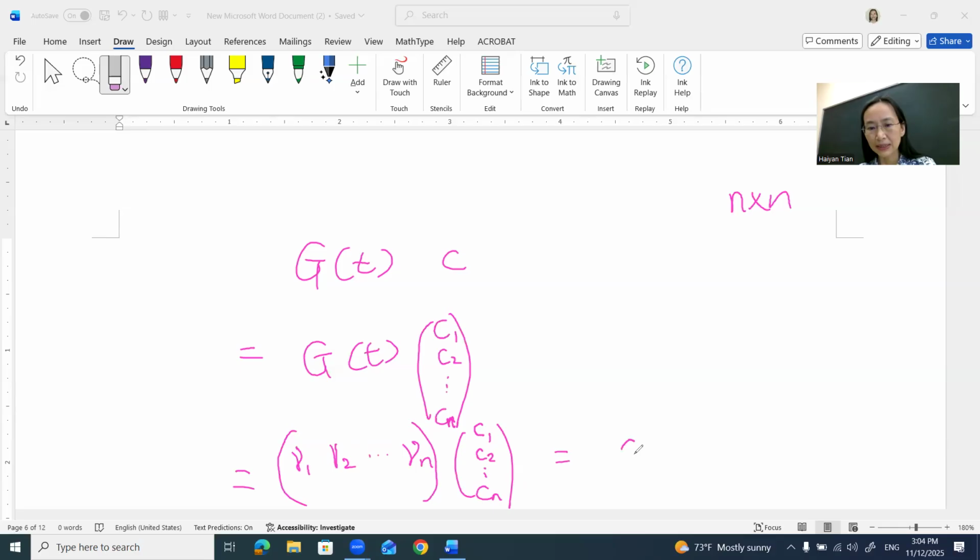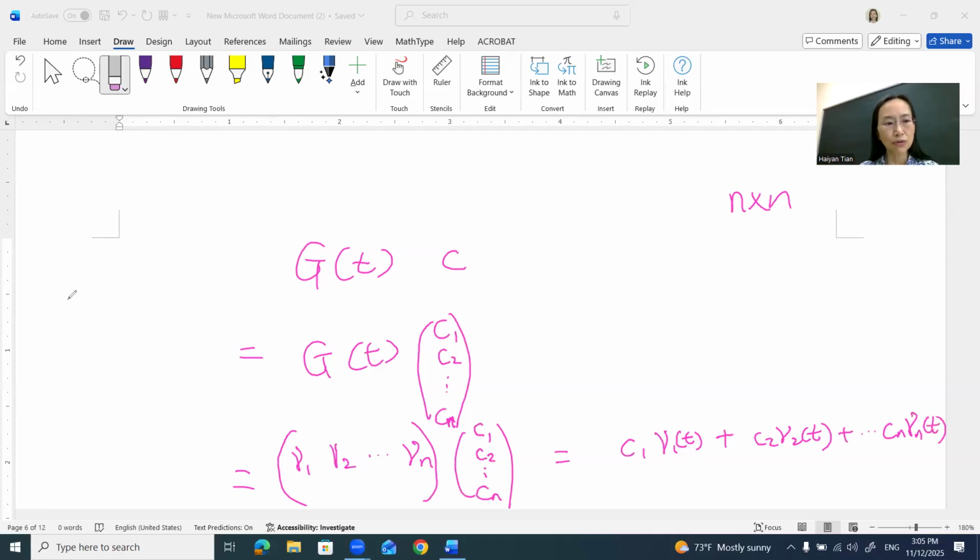It is actually a linear combination of the columns. So gamma 1 as a vector valued function and gamma 2 as another vector valued function. So we can write it as a linear combination of n columns.